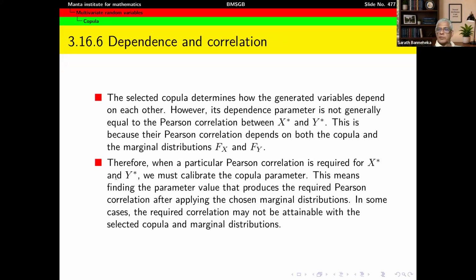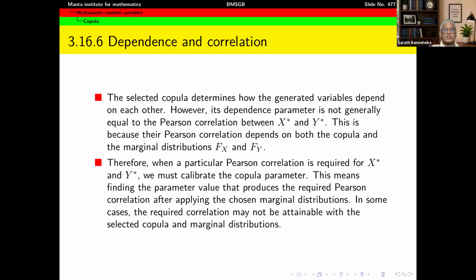As a summary of this part, the selected copula determines how the generated variables, that is X star and Y star, depend on each other. However, its dependence parameter is not generally equal to the Pearson correlation coefficient between X star and Y star.